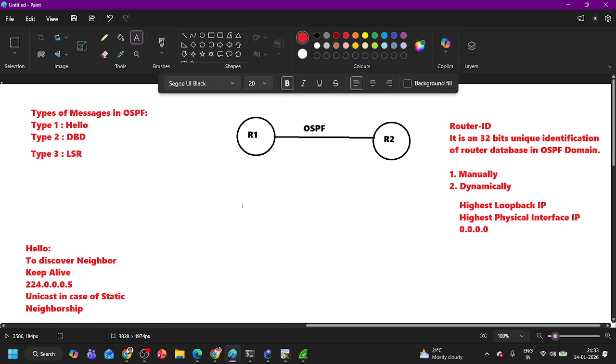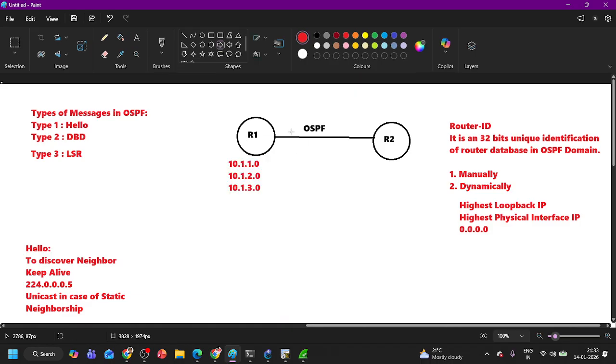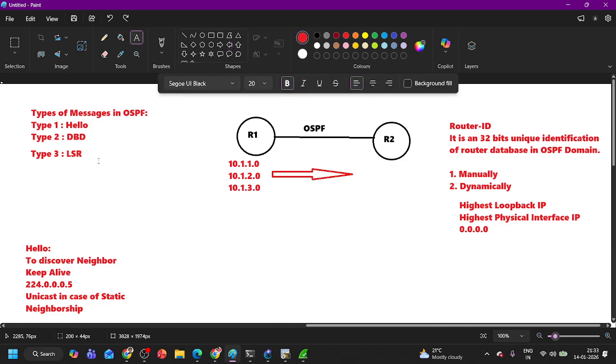Let's suppose router 1 has 10.1.1.0, 10.1.2.0, 10.1.3.0/24. So router 1 has just given the description of these prefixes. If router 2 sends a request, then router 1 will send the detailed information, right? If router 2 sends a request for 10.1.1.0 only, then router 1 will send that prefix only.